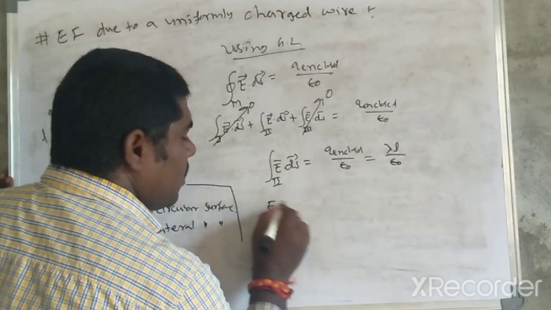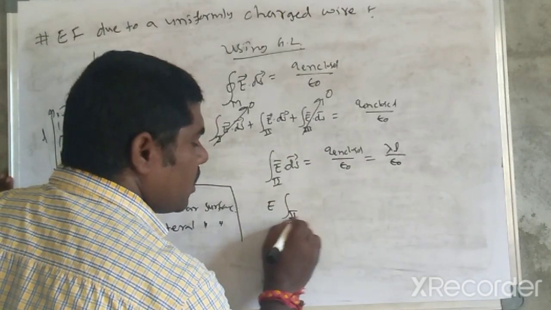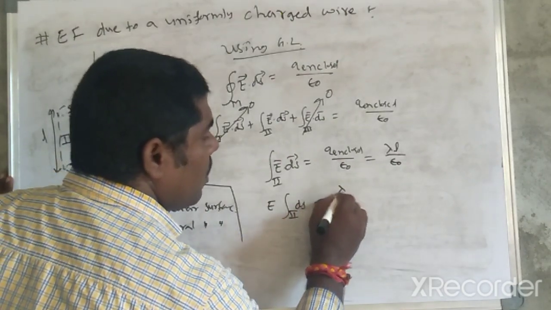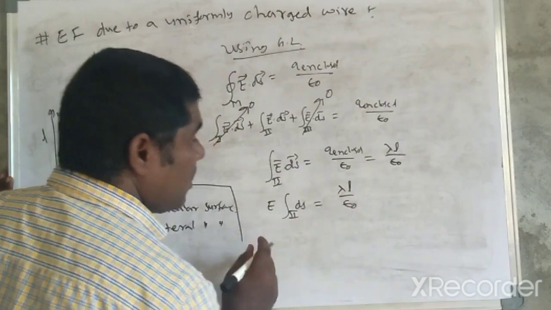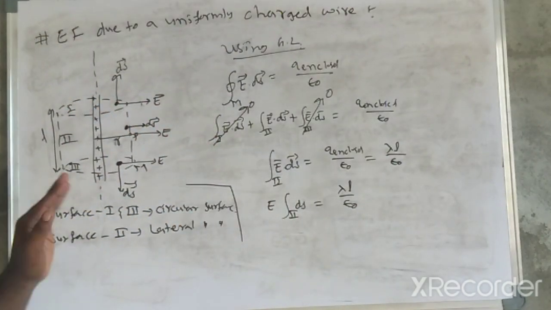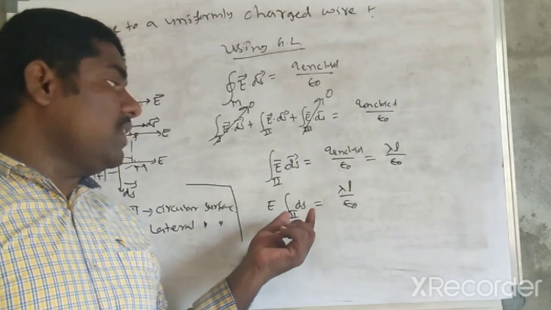So the electric field is constant, you may write it out of the integral, into dS is equal to lambda L divided by epsilon naught. Here the total dS is nothing but area.